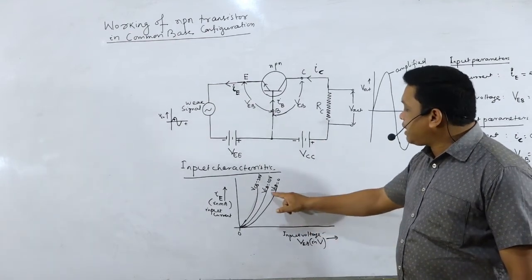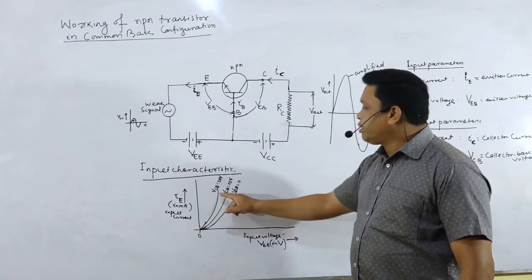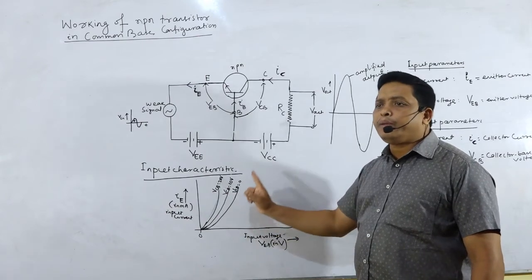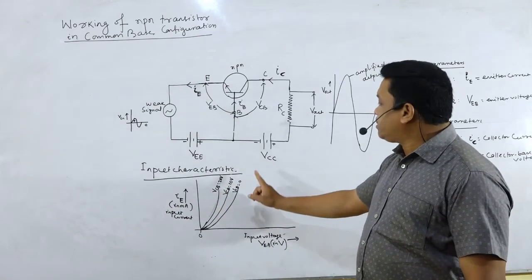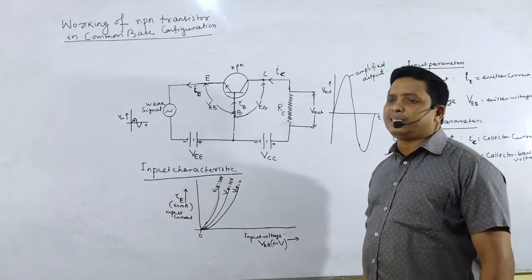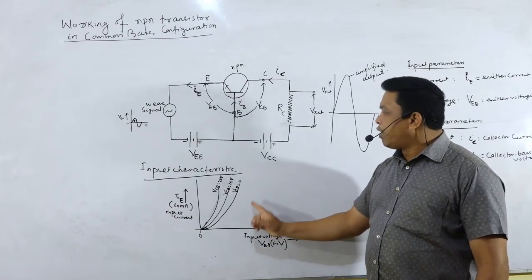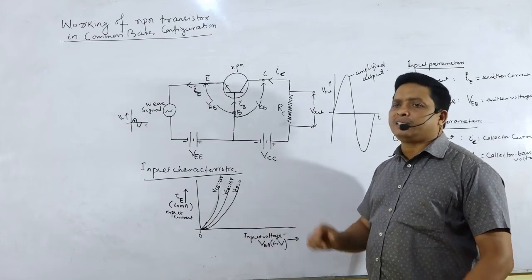Now each one is an input characteristic. So this figure shows three different input characteristics for three different output voltages. Now what information do we get from these input characteristics?